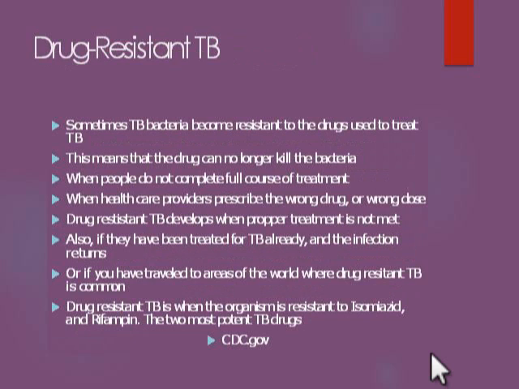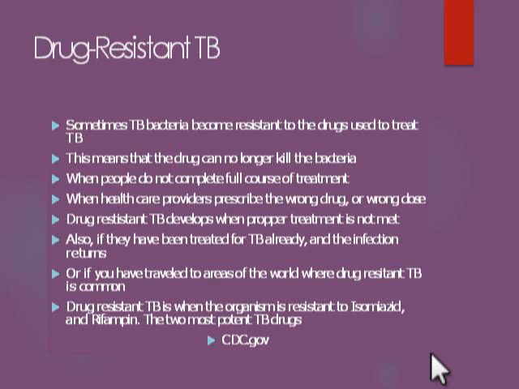Drug-resistant TB is TB bacteria that becomes resistant to the drugs used to treat TB. And this means that the drug does not kill the bacteria that's present. When people do not complete the full course of treatment after being diagnosed with TB, they can develop drug-resistant TB.